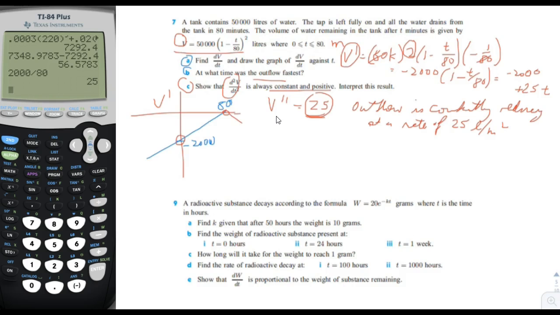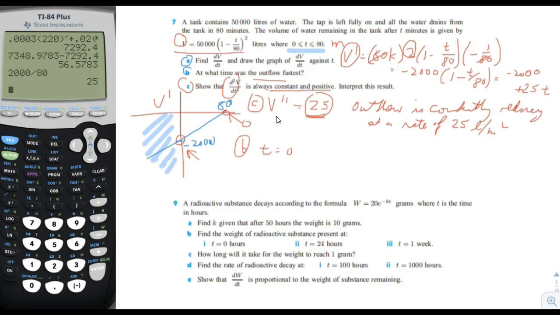Well, here the outflow is 0, so it's definitely not that. So it would be here, right? So the outflow is fastest at t equals 0. And this was the answer for C. Okay? Remember that the other parts of this graph, like this region here, we ignore because we're only looking at t between 0 and 80.